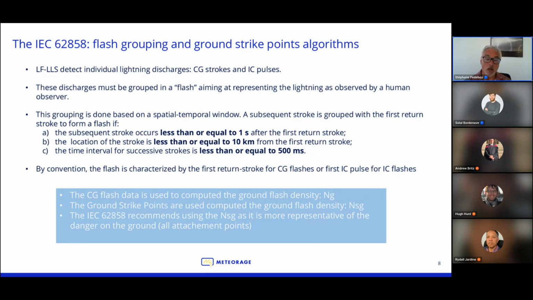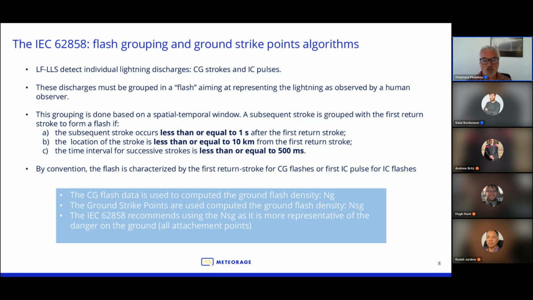What is important here is that the CG flash data is used to compute the ground flash density, what we call the NG, number of ground flashes. The ground strike points, I do not present here the ground strike point algorithm because I think that the speaker following me is going to give you some details on this algorithm and lightning data set. But the ground strike points are used to compute the ground flash density, just like the previous sentence.